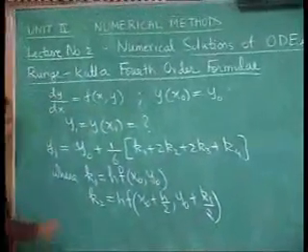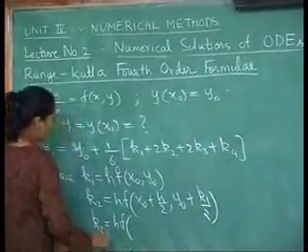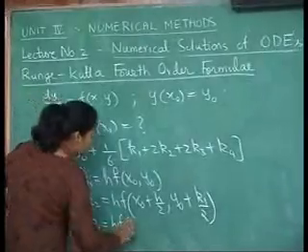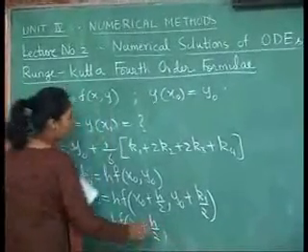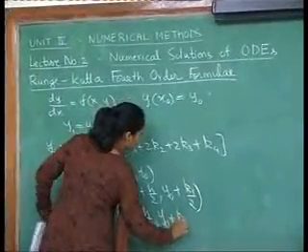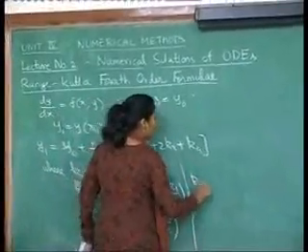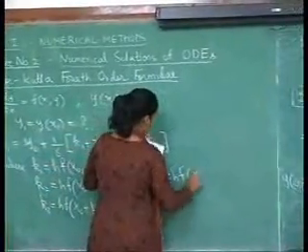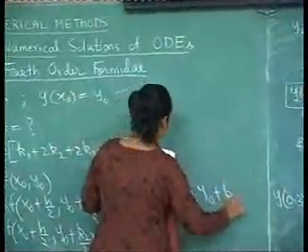Then k3 is h times f of x0 plus h by 2, y0 plus k2 by 2. And k4 is h times f of x0 plus h, y0 plus k2.